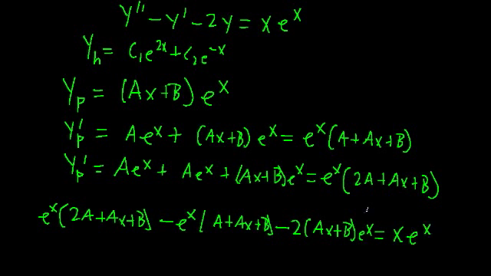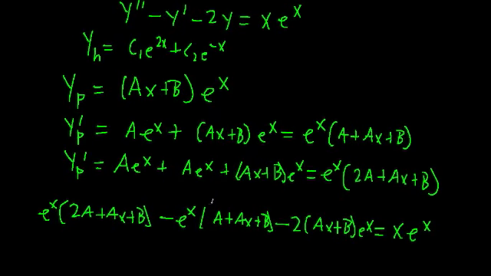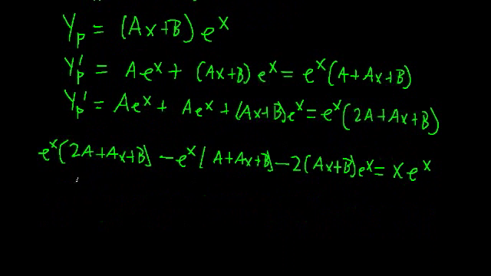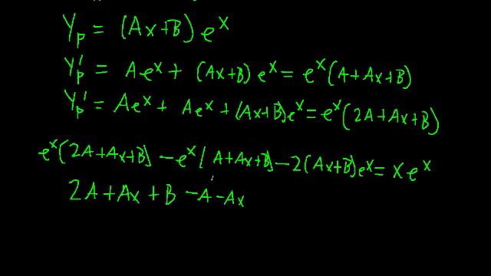And if you notice, every single term has this exponential term, so let's just divide by that, and let's factor out whatever's in front of these parentheses. On the left-hand side we have 2a plus ax plus b minus a minus ax minus b minus 2ax minus 2b. All of that is supposed to be equal to x.